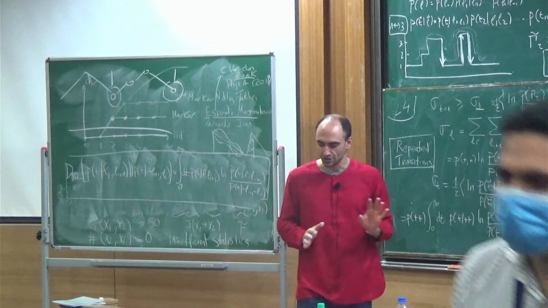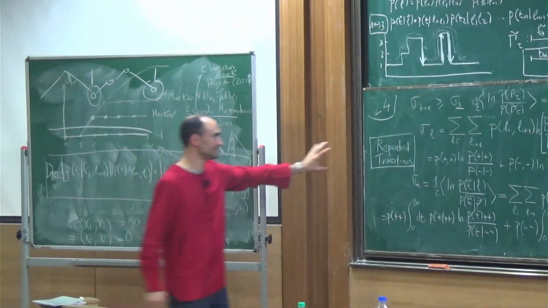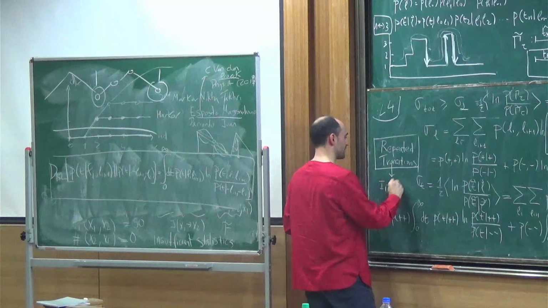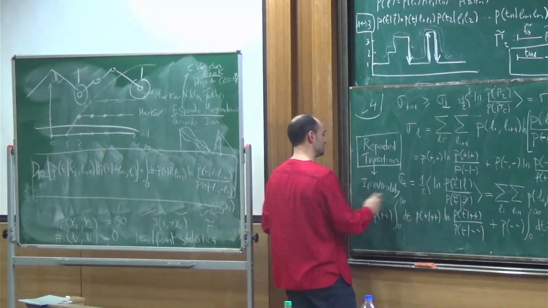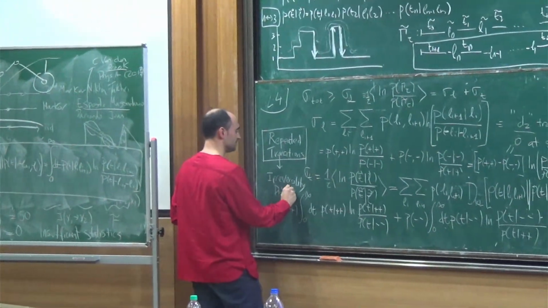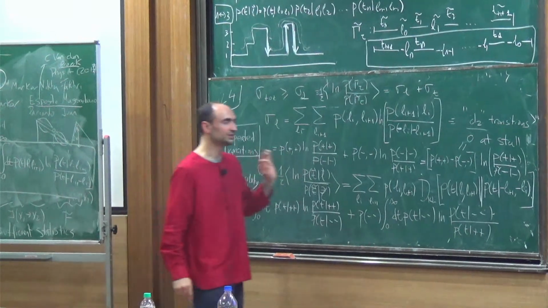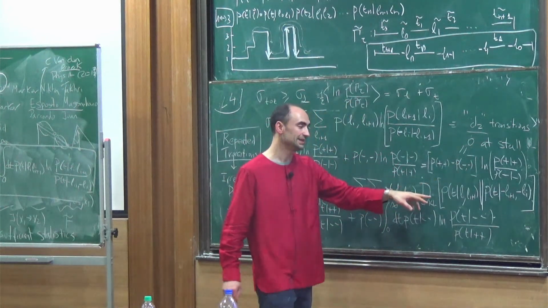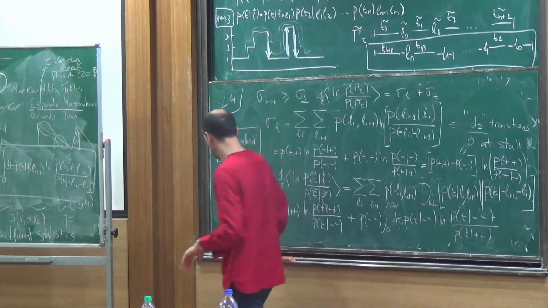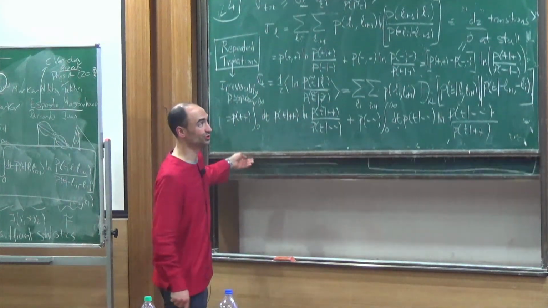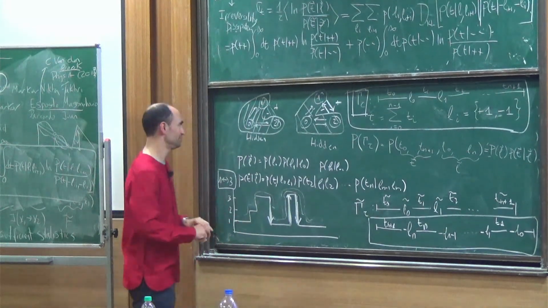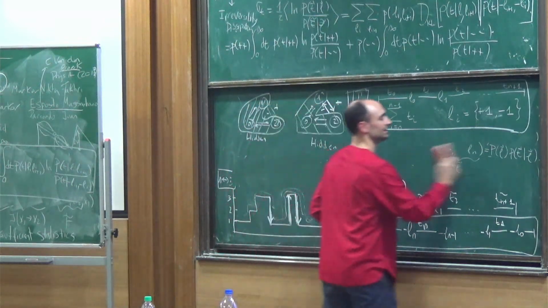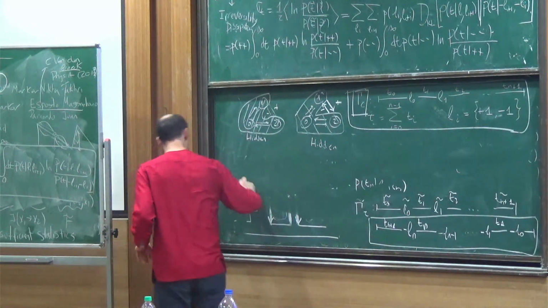So this is the result that we get, and we see that repeated transitions are essential to reveal irreversibility or dissipation, entropy production. And very important to know that at stall we can still see irreversibility if these two are different. So if we have a motor at stall, it has no current, we would be able to see irreversibility if we get that t plus is different to t minus.